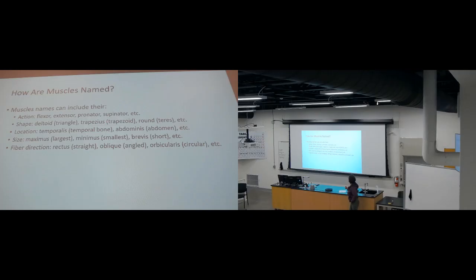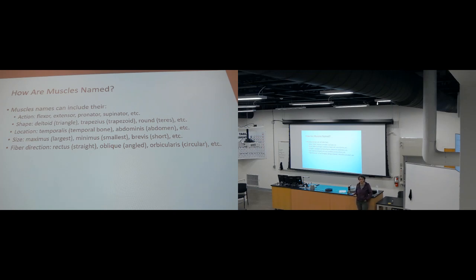Now, based on shape, if it looks like the Greek delta letter, which is in our alphabet letter D, that looks like a triangle, so this will be deltoid. Where do we have it? In here, in the shoulder. Trapezius, it looks like a trapezoid muscle. Round, it is teres.